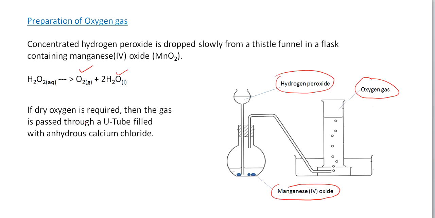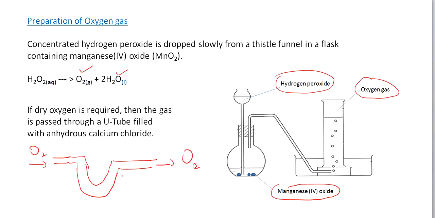If dry oxygen is required, the gas is passed through a U-tube filled with anhydrous calcium chloride. So what we do is we have a tube like this. We have the oxygen gas entering here, and we have the O2 gas coming out here.